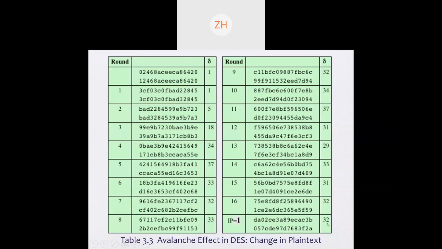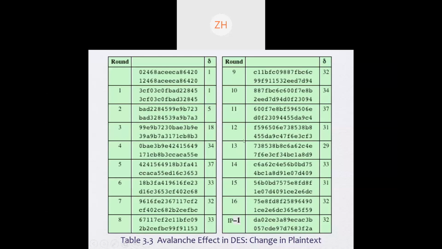So initially the plain text is only one bit different. After the first round, still one bit different. After the second round, 5 bits different. After the third round, 18 bits different. After the fifth round, 37 bits different.